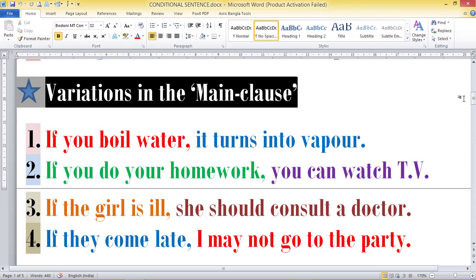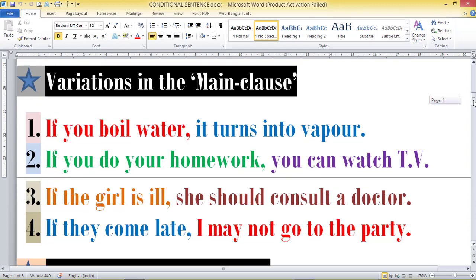The first sentence, for example: if you boil water, it turns into vapor. Here you observe that in the if clause, present indefinite has been used, and in the main clause also we have used present indefinite, as the action in the main clause is a universal truth.